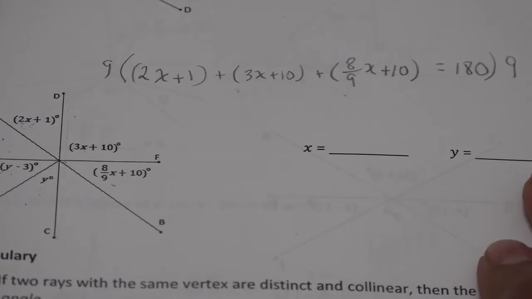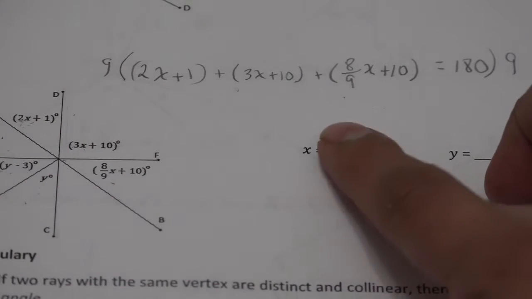So let me multiply everything by the common denominator. There's only one denominator, 9.